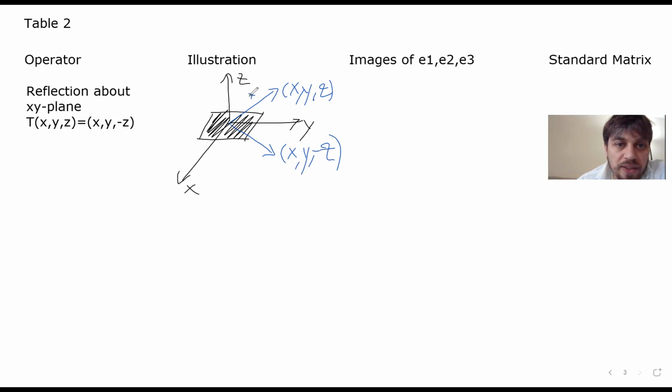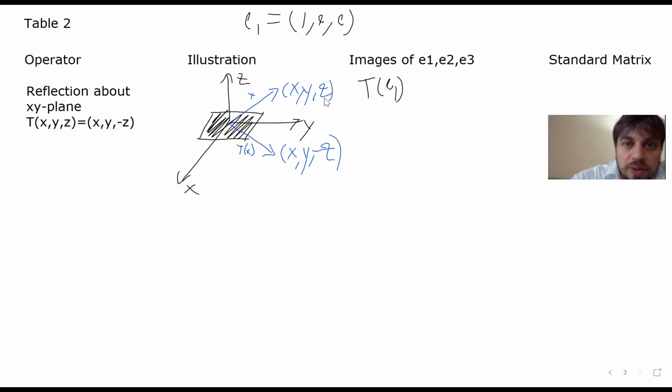So if you have a vector x, then T of x is negating the z component. So T of E1, remember E1 in R3 is 1, 0, 0. E2 in R3 is 0, 1, 0.